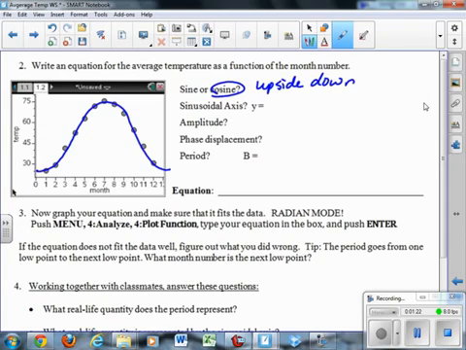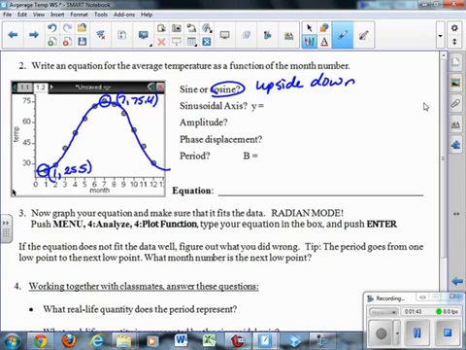Now the sinusoidal axis is the point that's halfway between the high point and the low point. If you look back at your data, you'll see that we have a high point here and a low point here. The high point here is month number 7, and it's 75.4 degrees average temperature in July. This is month number 1, and it is 25.5.